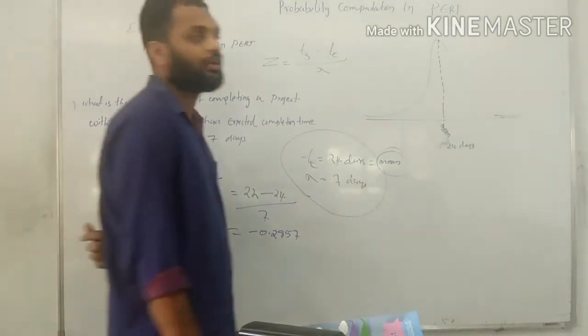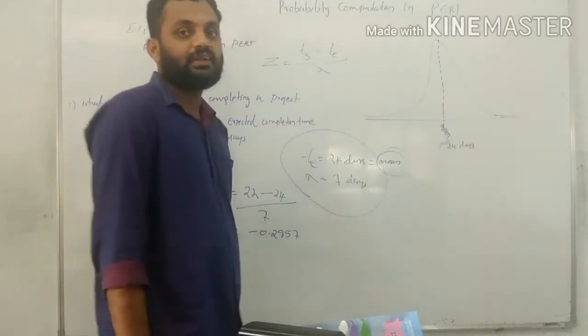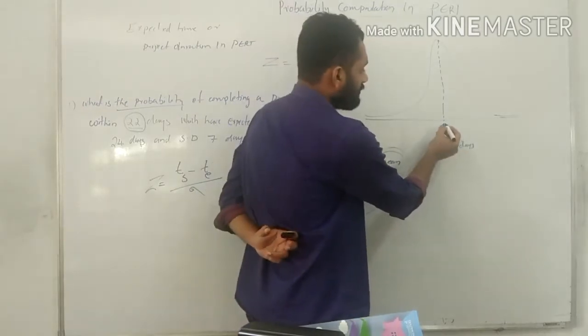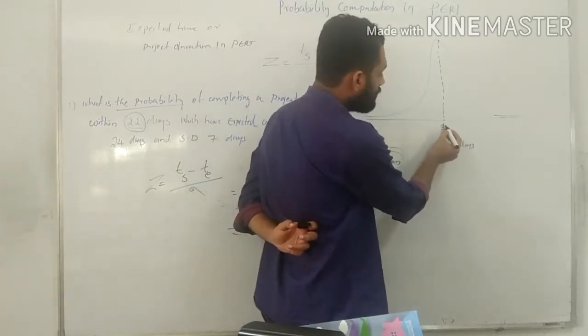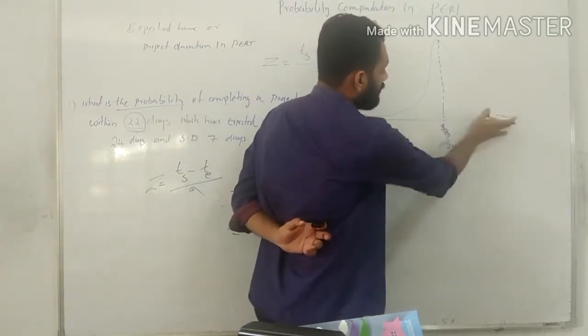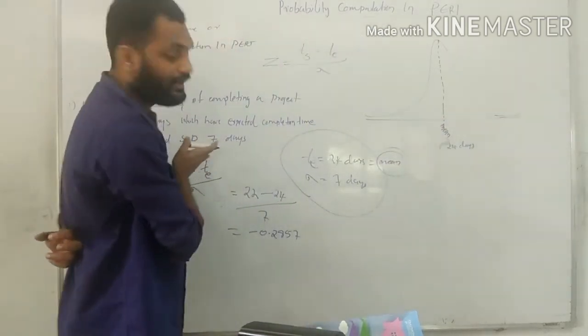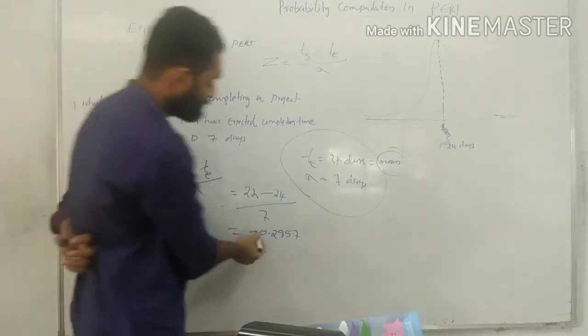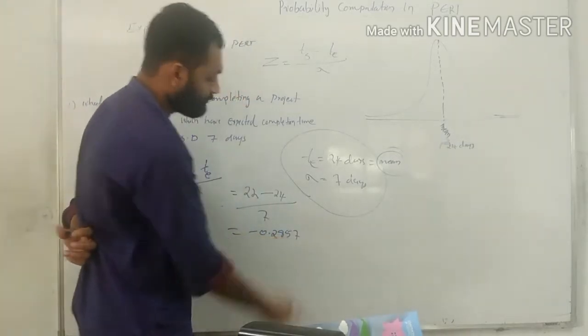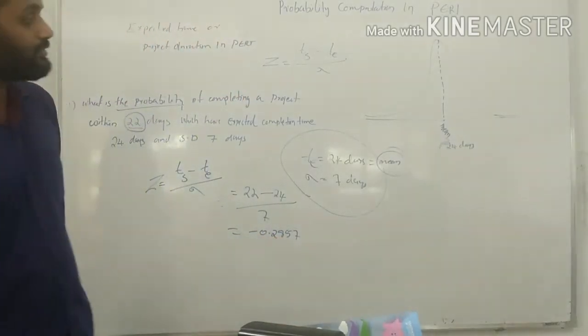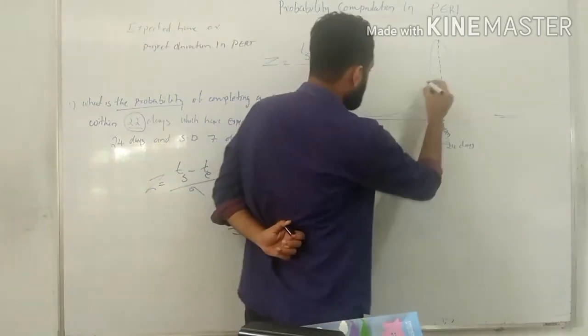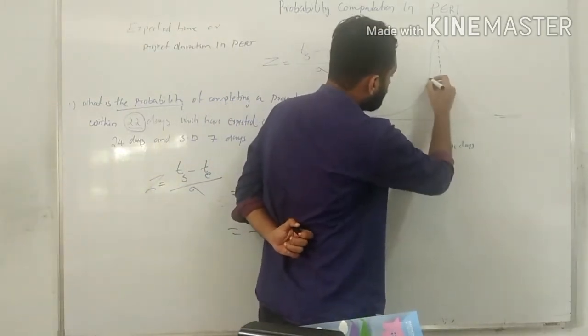In a standard normal curve, the mean is 0, and the right side is positive and the left side is negative. So negative 0.2857 comes on the left side of the normal curve.